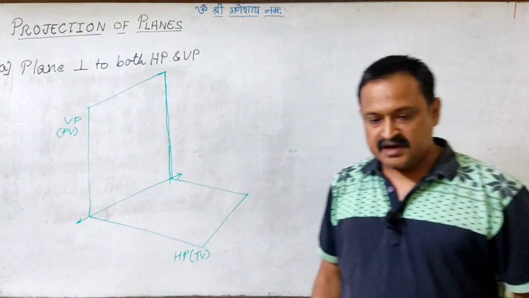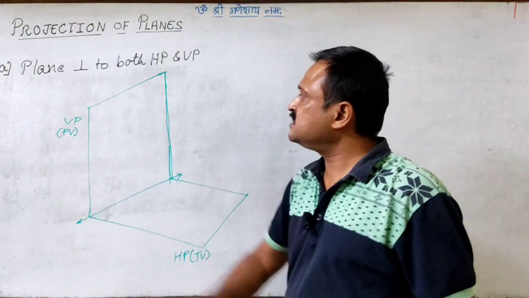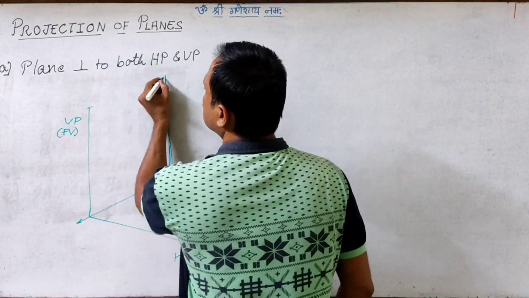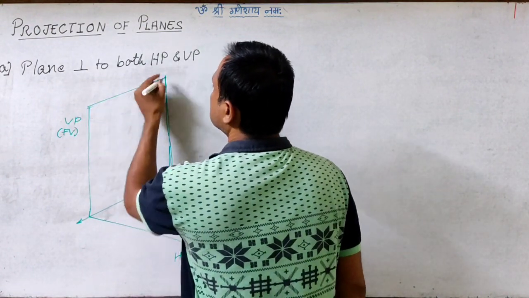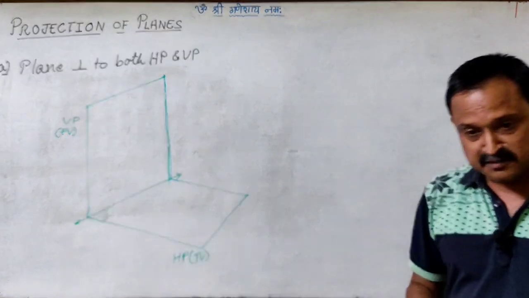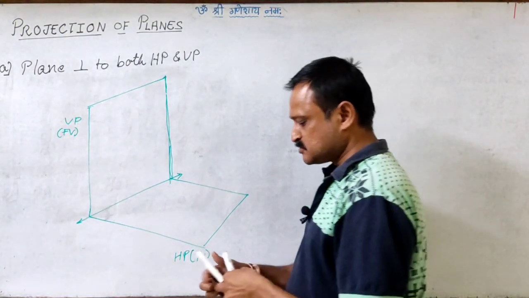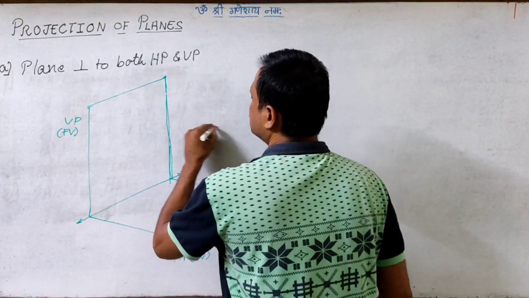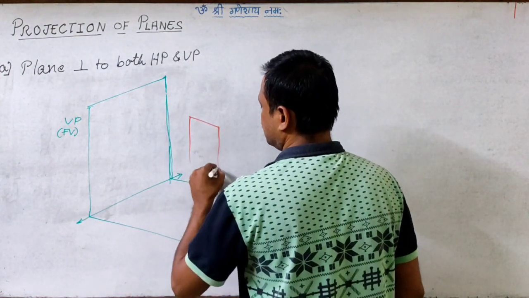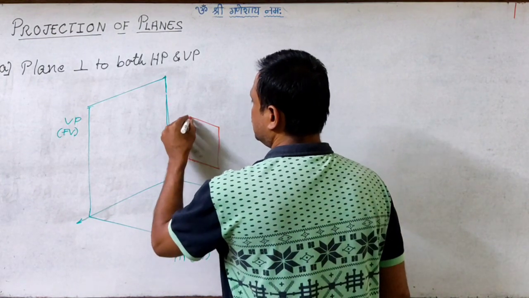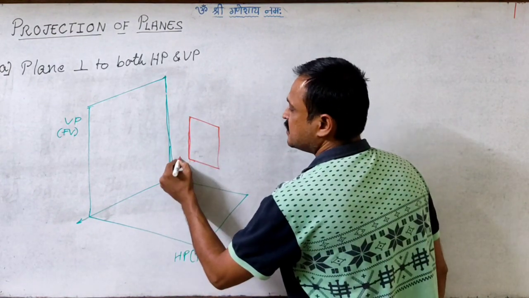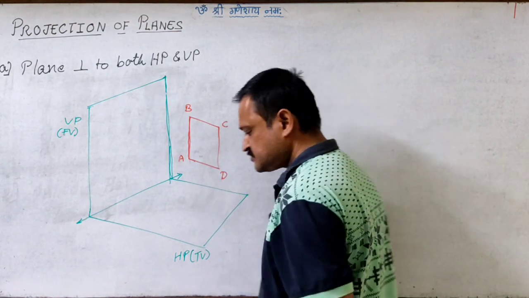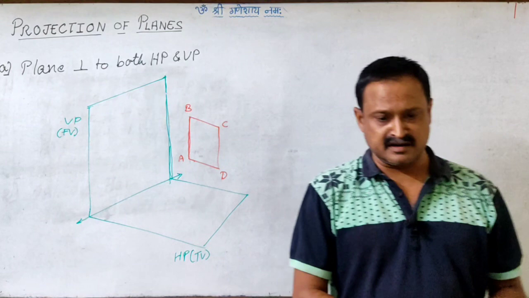So now if we see this condition where the given plane is perpendicular to both the horizontal and the vertical plane, or both the principal planes or the reference planes, let us place it with the simplest condition. So I place it this way, where this given plane, I name it as A, B, C and D. Now again we will apply the same fundamental.